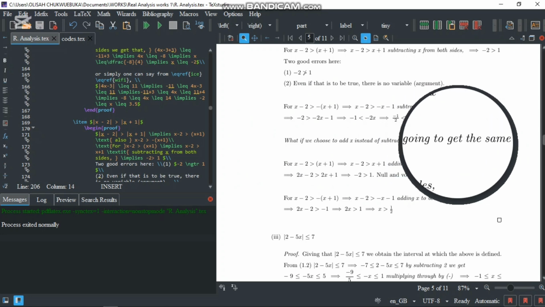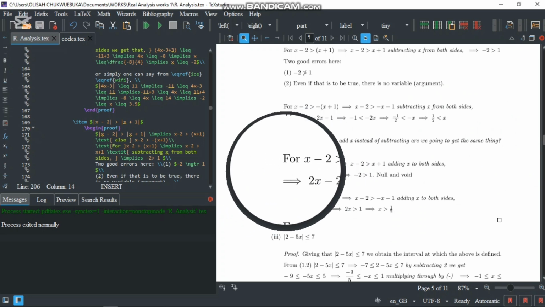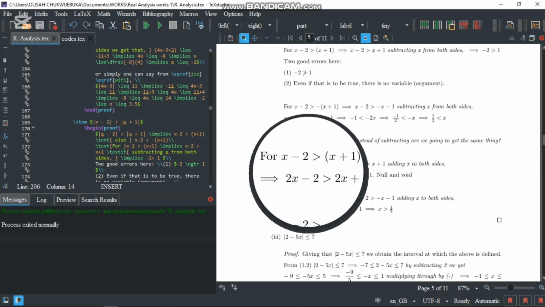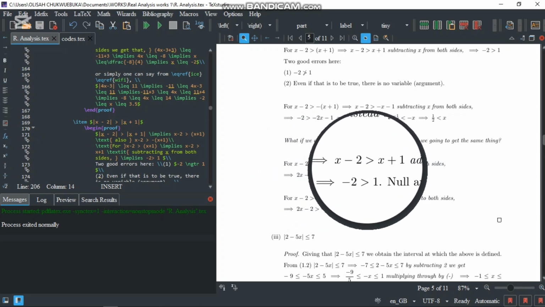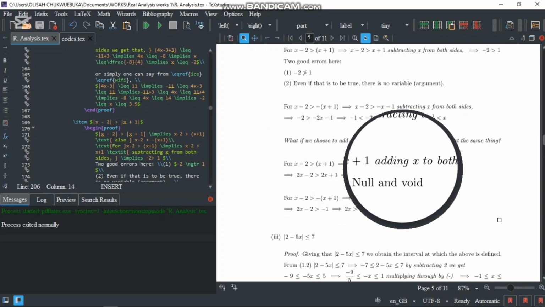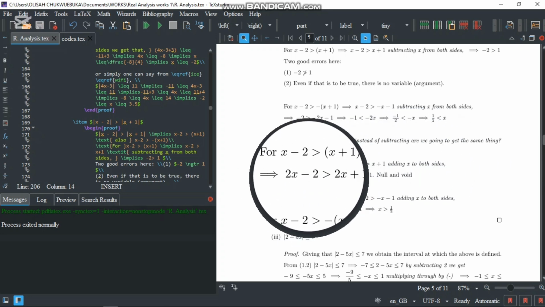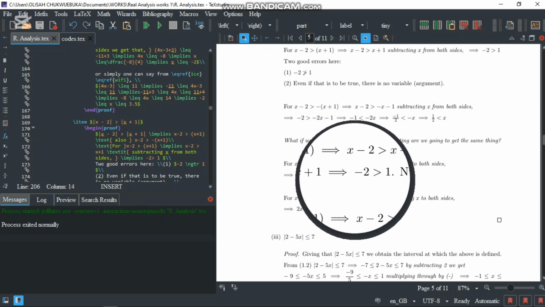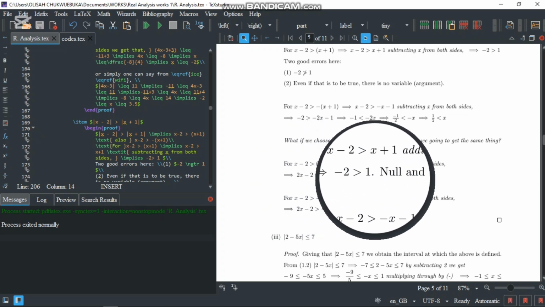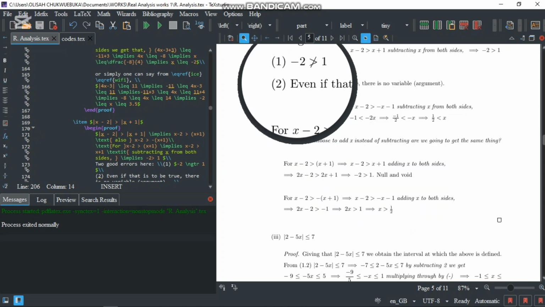For x minus 2 greater than x plus 1, adding x to both sides, what we have now is 2x minus 2 is greater than 2x plus 1. So negative 2 again is greater than 1, which is null and void. We're not going to use it.